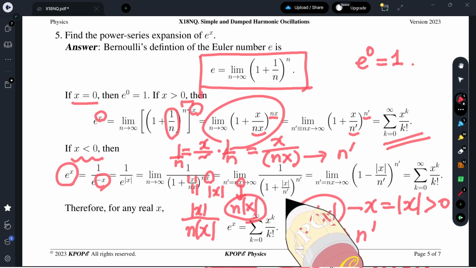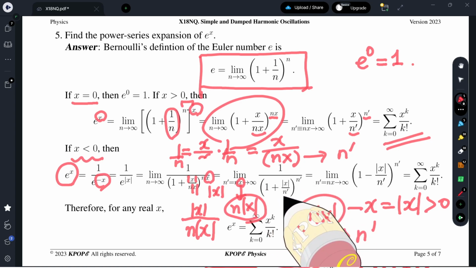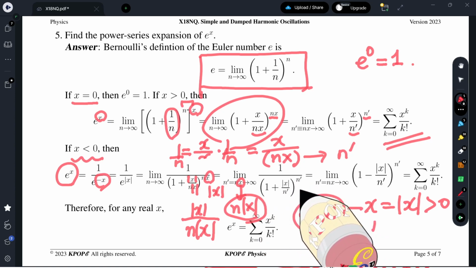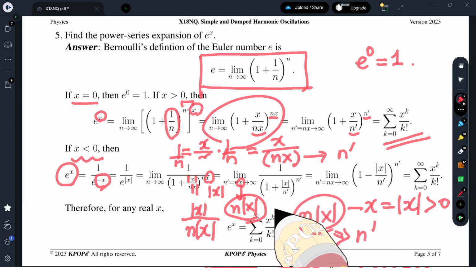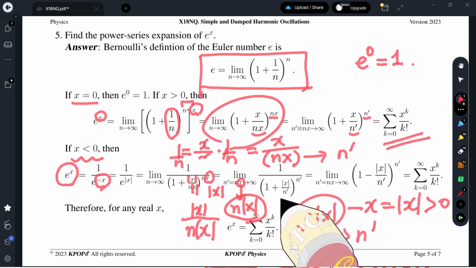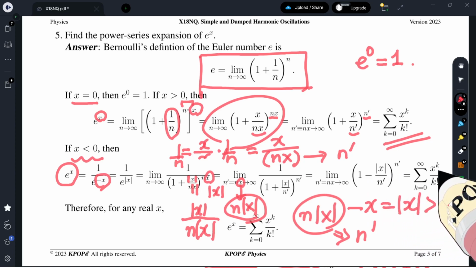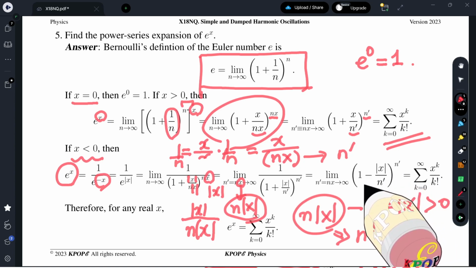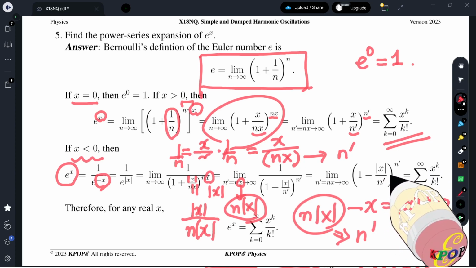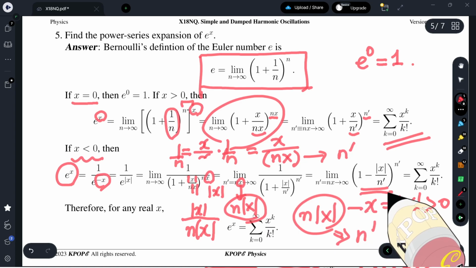We can make use of binomial expansion. Newton's generalized binomial expansion can be used to expand this one as a power series. Actually this is equivalent to the sum of the geometric series. If we expand this one, we have many more terms, but higher order terms will vanish according to the binomial expansion, keeping the leading contribution only.